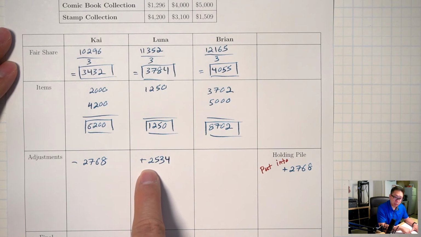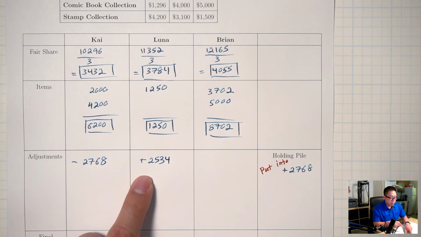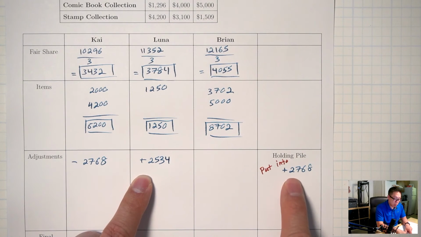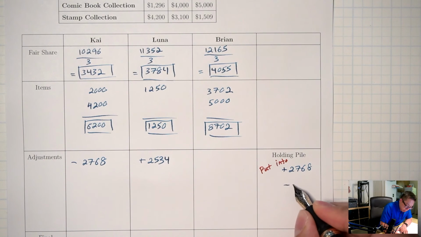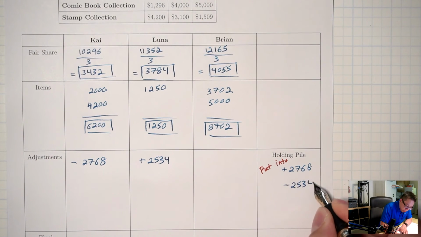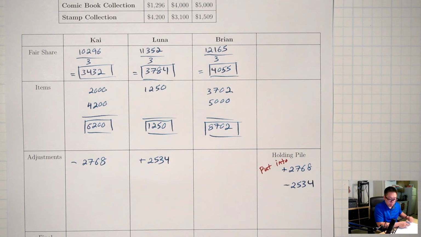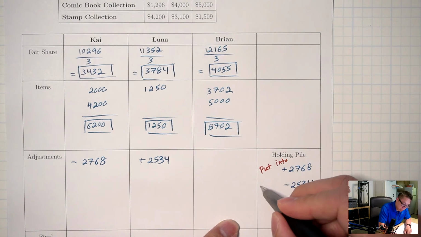So we're going to give her some cash, but we're going to take it out of the holding pile. So in the holding pile, it's going to appear as a negative, because we're taking out 2,534.